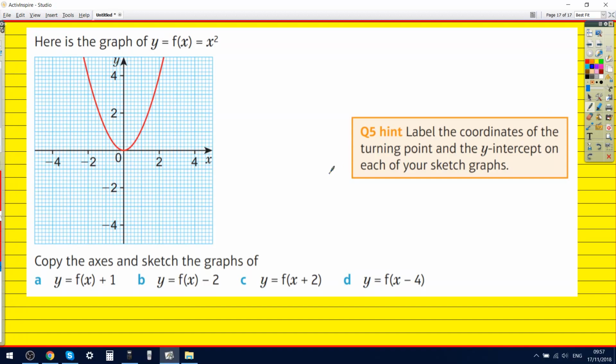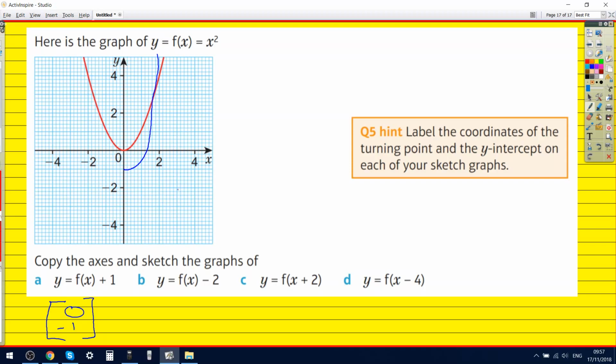Okay, so for A, is it going to be 0, minus 1? Yeah, and so what would you do to that? So would the y just go down? Correct. So basically subtract 1 from all the y coordinates, so it's going to look something like that.